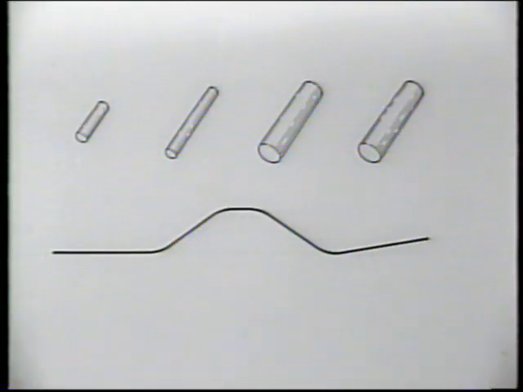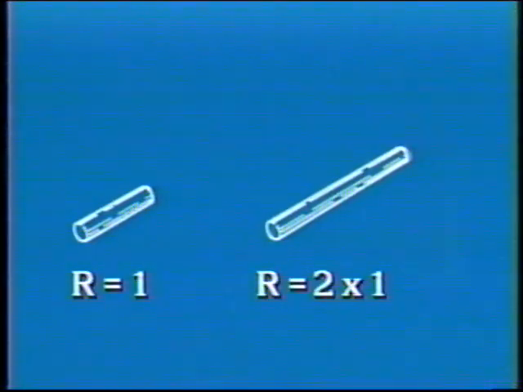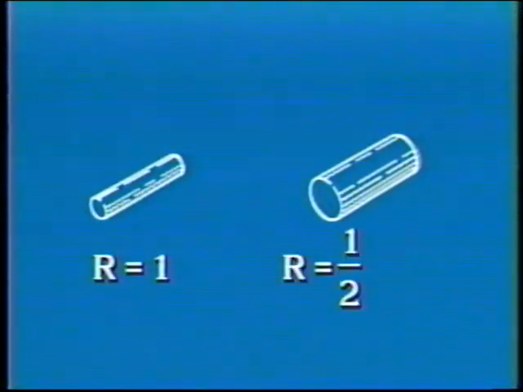Resistance will also increase as temperature increases, although this change is negligible in the temperature ranges encountered under most flight conditions. If the length of a wire is doubled, its resistance will double. If cross-sectional area is doubled, resistance will be cut in half.